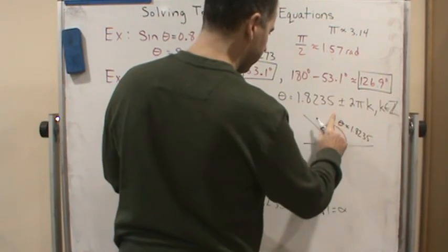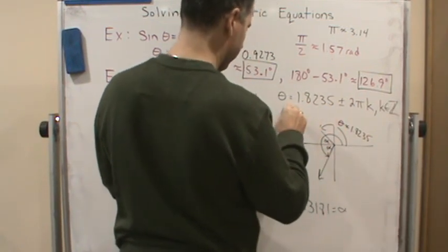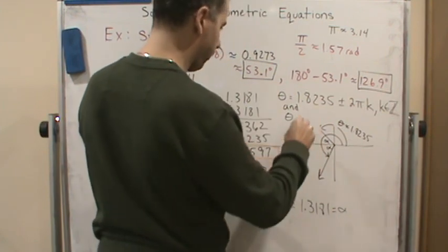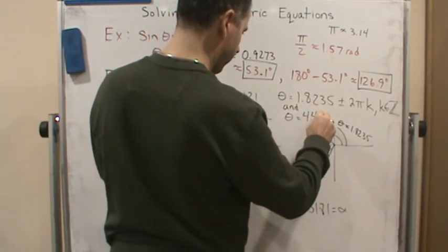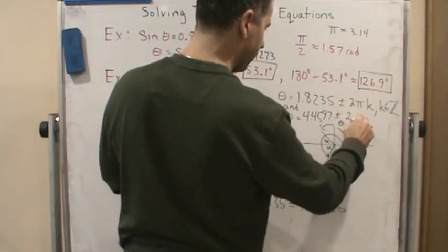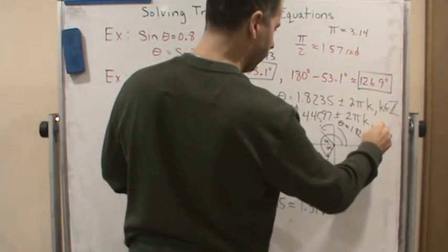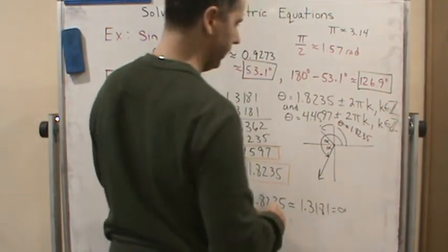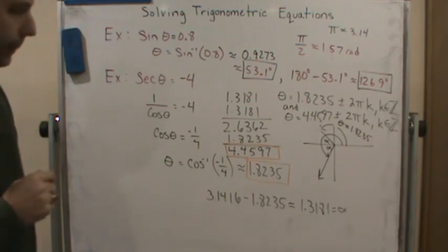And the other one, theta is equal to 4.4597 plus or minus 2 pi k, where again k is an integer. And that's it.